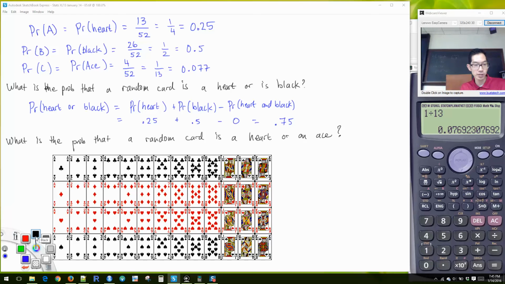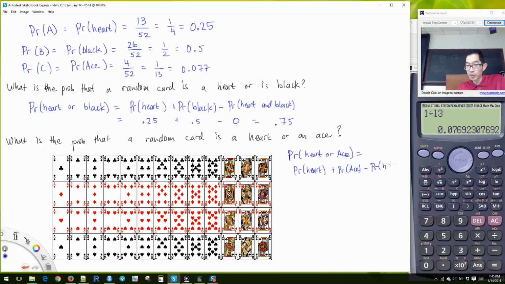All right, let's break this down. This is going to be the probability that a card is a heart or an ace, which is going to equal the probability of heart plus the probability of ace minus the probability of heart and ace. This is an and sign.